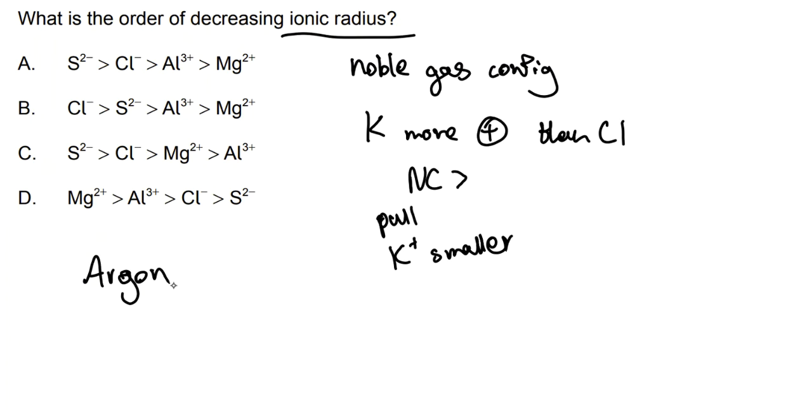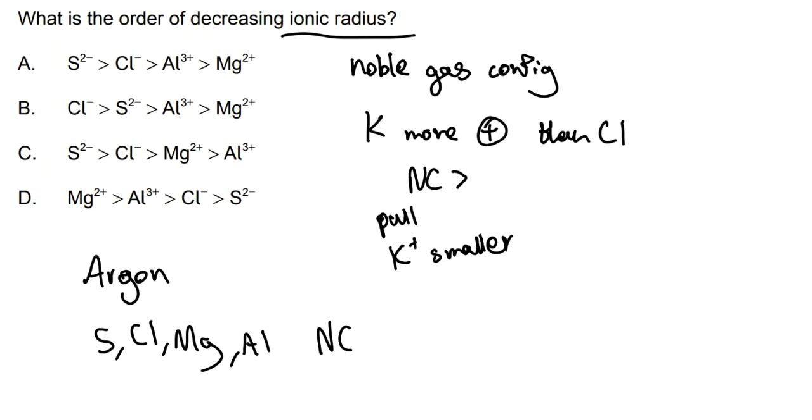So next we can order these from the least to the most protons. So sulfur has the least, followed by chlorine, then magnesium, then aluminium. So based on this, we can work out the nuclear charge.